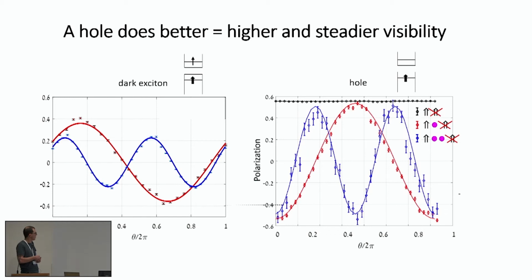You see here that if you compare the blue and the red curves, we see a much smaller drop of the visibility. Okay, and then we extrapolate and see that this visibility is much more stable over the number of photons. So the reasons why the hole provides better coherence are very interesting, but I will not discuss them here.